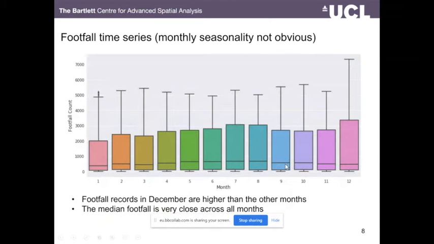Then we look at the monthly seasonality of the footfall. We can see that the footfall records in December are higher than in other months. But if we use the median footfall to represent each month, the seasonality pattern is not very obvious because the median is quite close across all the months.